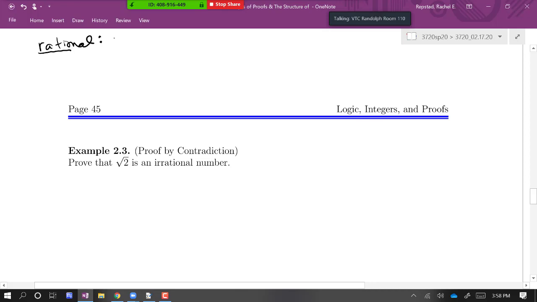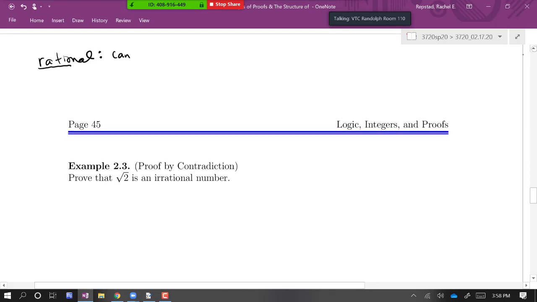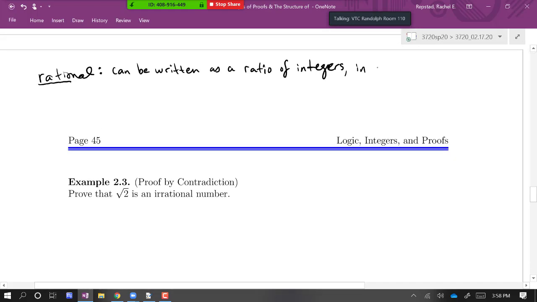So a rational number is one that can be written as a ratio of integers in lowest terms, and that's an important part. In other words, can be written as a reduced fraction.